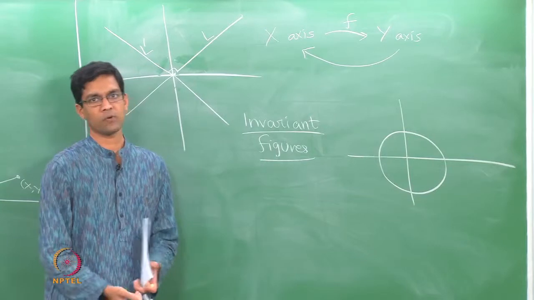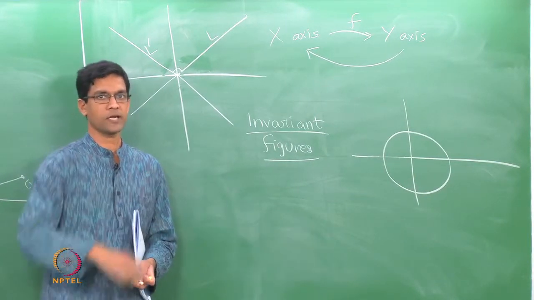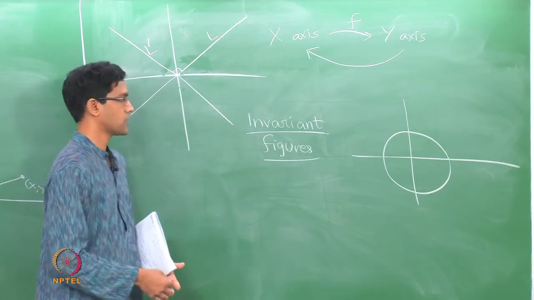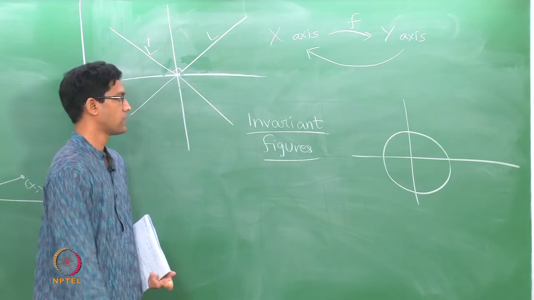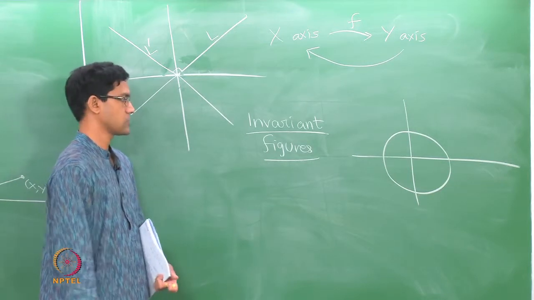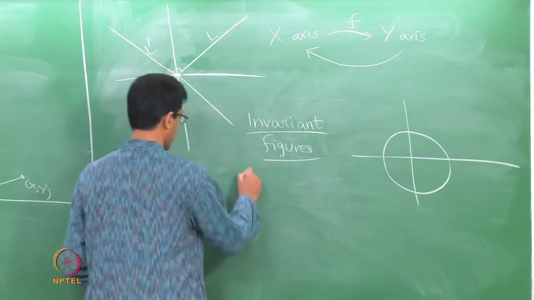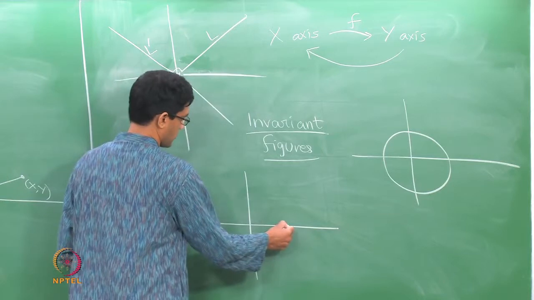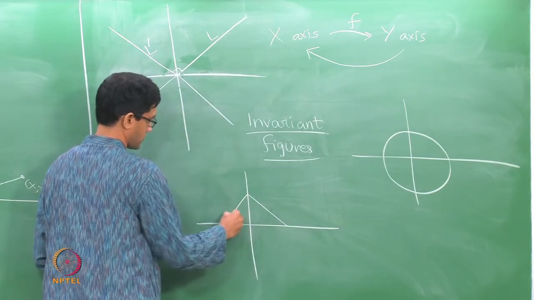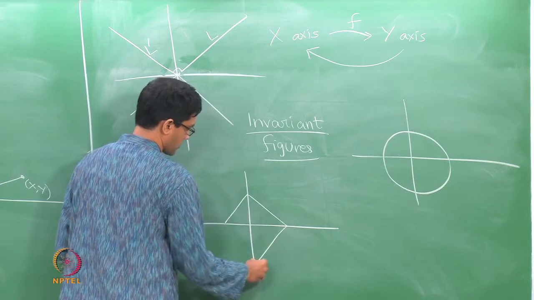If I take a circle about the origin and imagine what happens when you rotate it by a 90 degree angle, well you just get back the same circle, right. So a circle through the origin is in fact invariant under this transformation, but of course one can even find other such invariant figures, because all you are doing is just a 90 degree rotation.